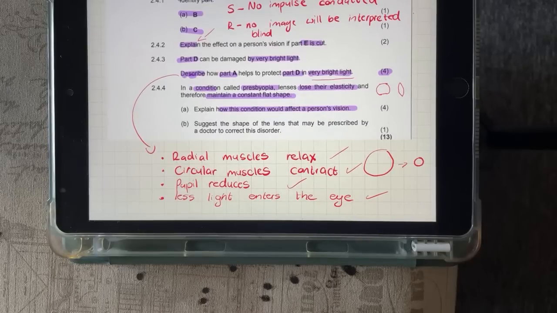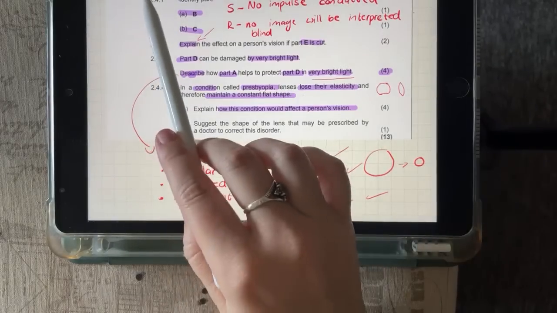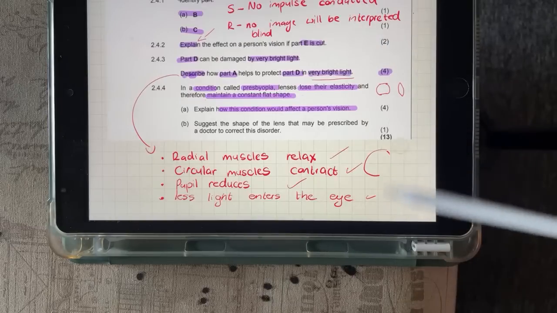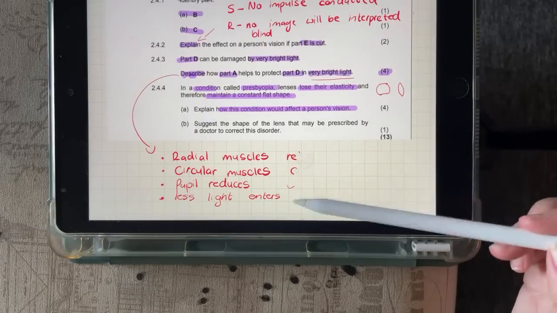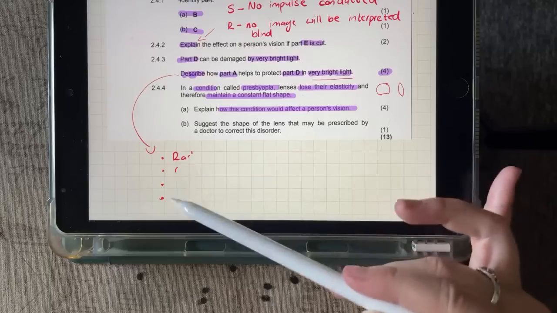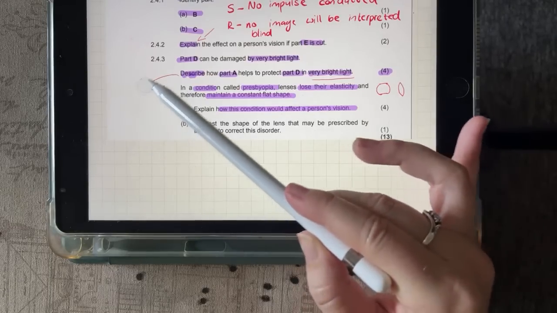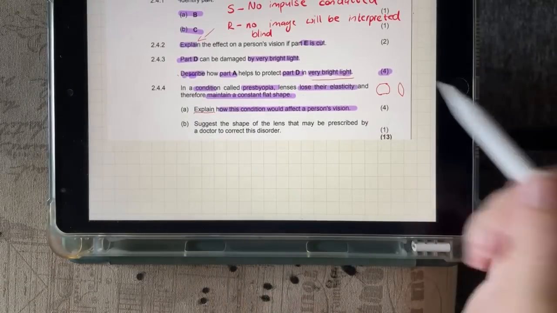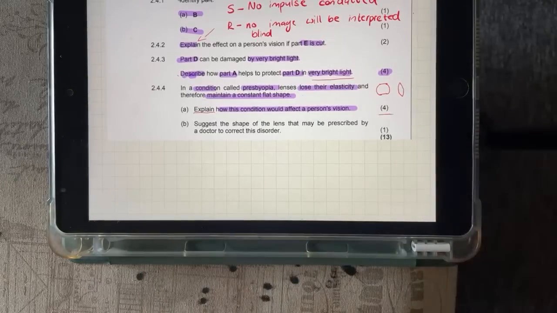So now you need to think, if the lens can't move, what can't this person do? So I'm going to ask the group chat once more, what section of knowledge have we done where the lens changes shape? What body of knowledge are you going to use to answer this question here, which is an explain for 4 marks? Oh, thank the Pope.